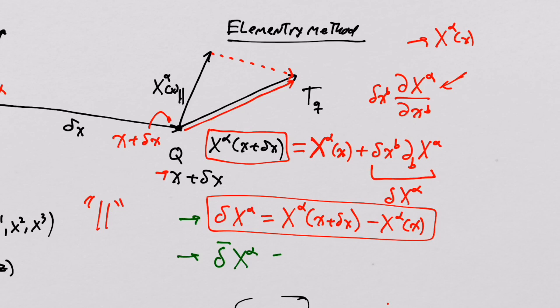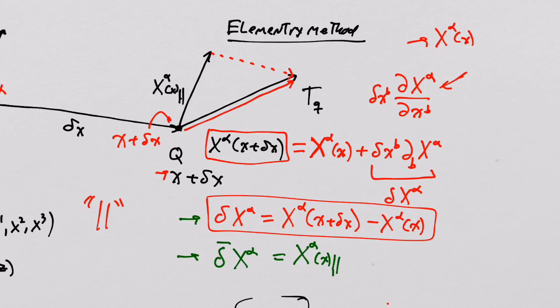And what we're saying now is that this is going to equal whatever this parallel vector is, minus the original vector. So I might write it this way, x alpha at x parallel.